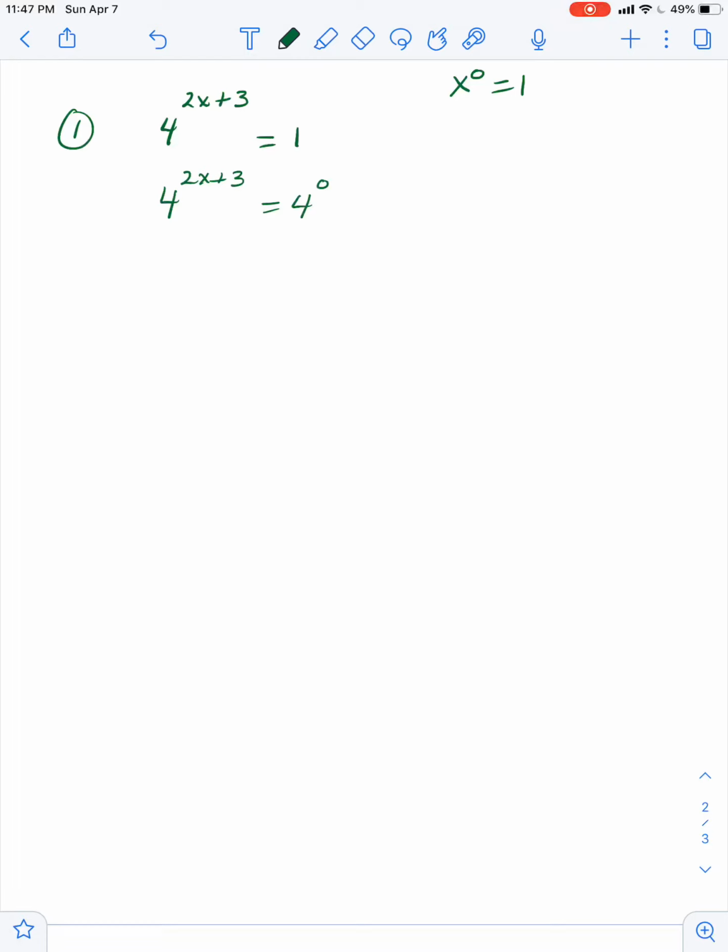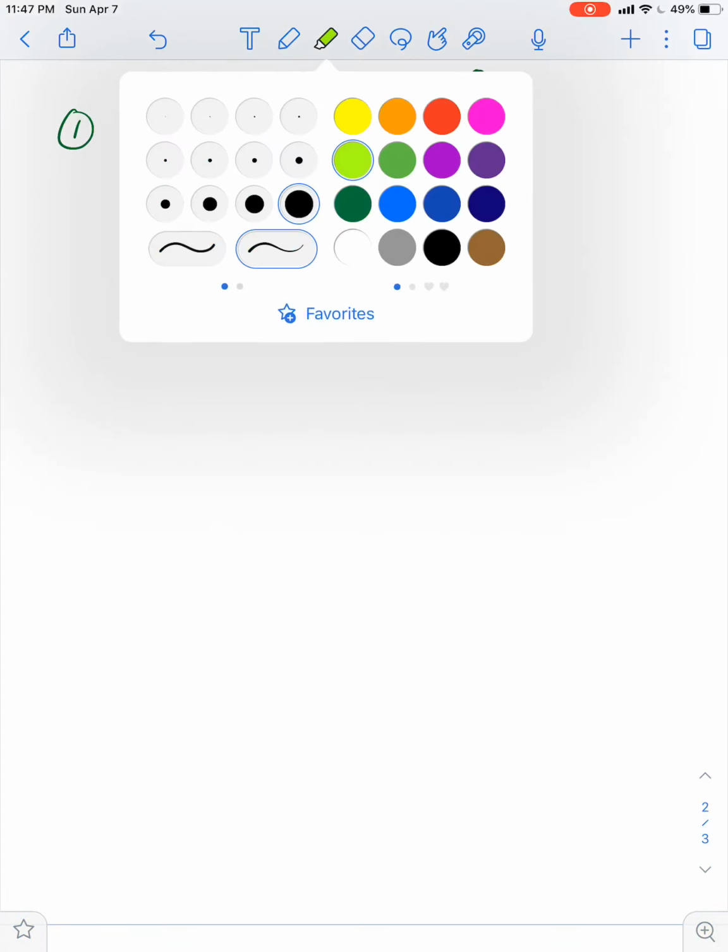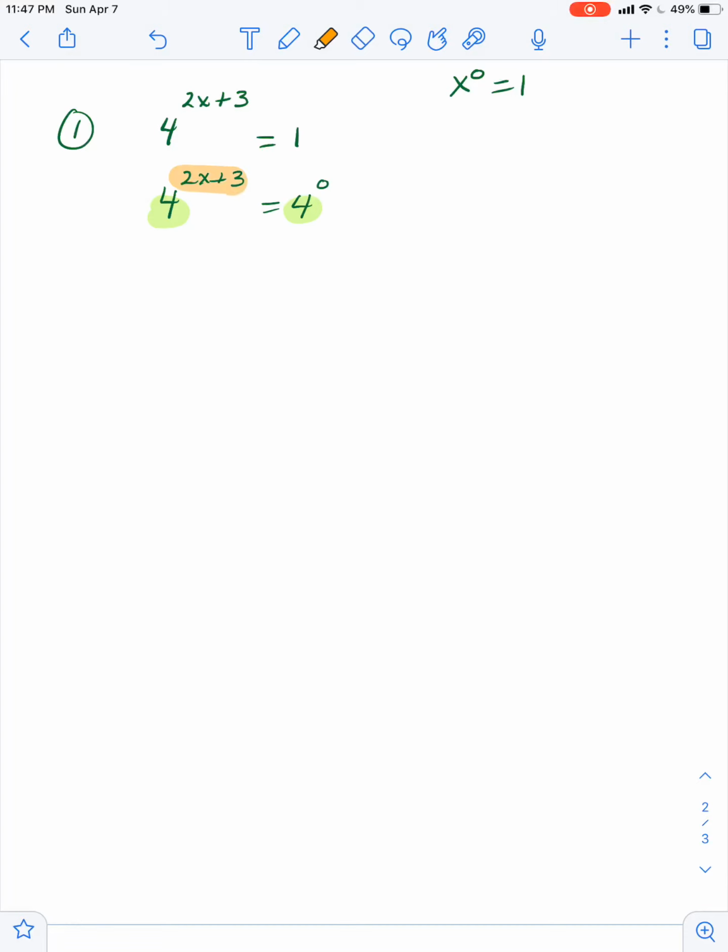Now this is an equation. This isn't quite what we were doing earlier. But again, guys, if the bases are the same, here's the quick rule: if the bases are the same, the powers must be the same. And that's where our equation comes from. 2x plus 3 equals 0.